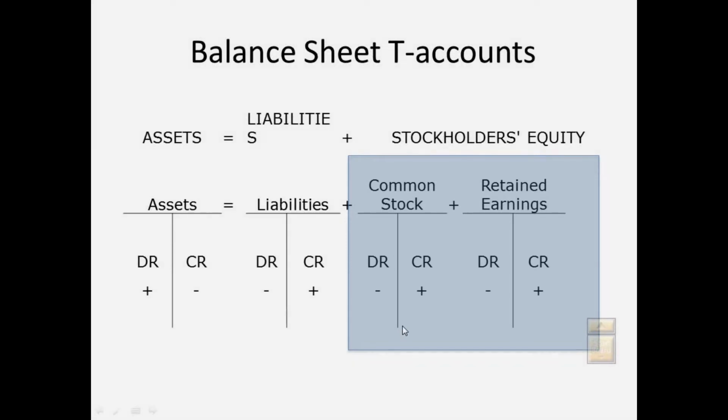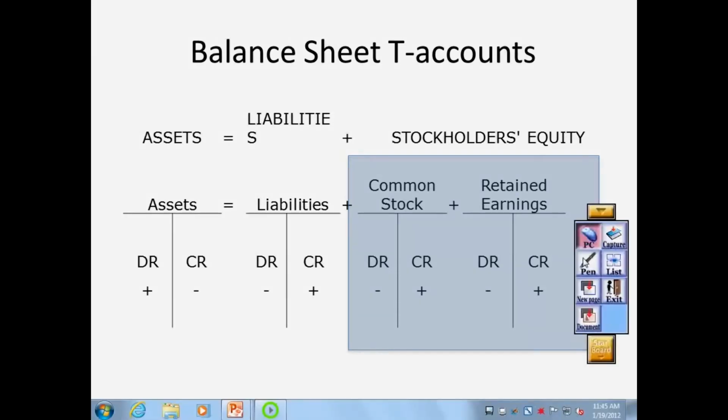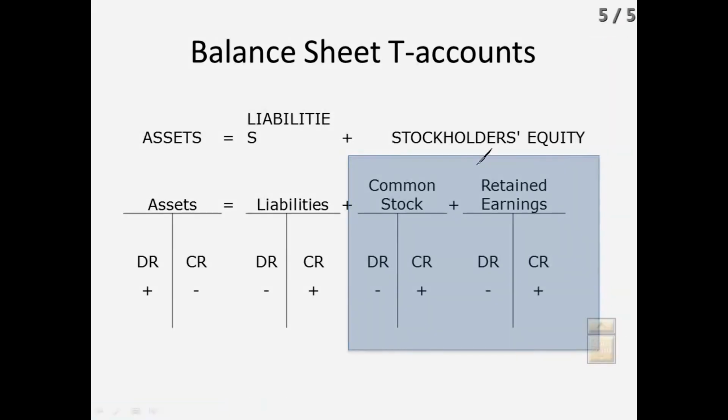Okay, so what else do I want you to remember about the balance sheet and T accounts? Well, we've got our accounting equation: assets equal liabilities plus shareholders' equity. Sometimes you'll see it called stockholders' equity.